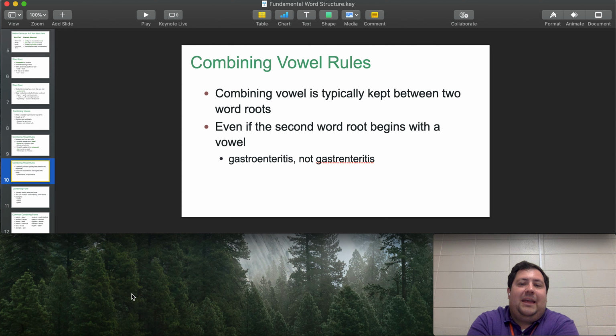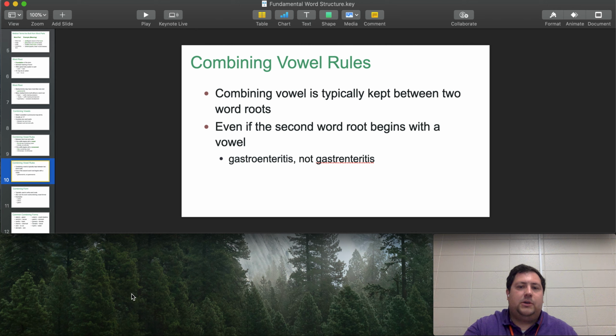Now, in between word roots, it doesn't really matter. You typically keep the combining vowel. So if you're sticking two word roots together, you typically keep the combining vowel, okay? Even if that second word root starts with a vowel. So when we did gastroenteritis earlier, you see gastro and then enter, okay?